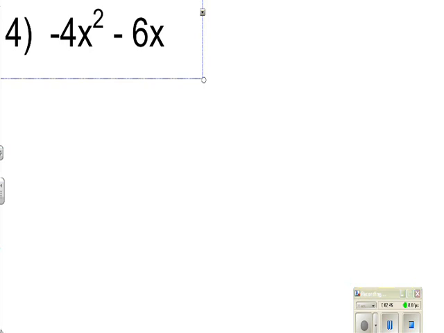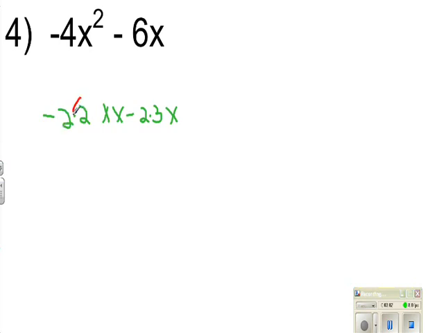Let's try this one. Okay, you have a negative 2 times 2, that's 4, x times x, minus 2 times 3 times x. Looking for common factors, you see they both have a 2. And then look, they both have an x.